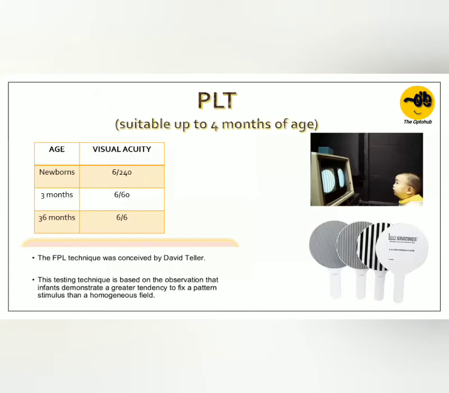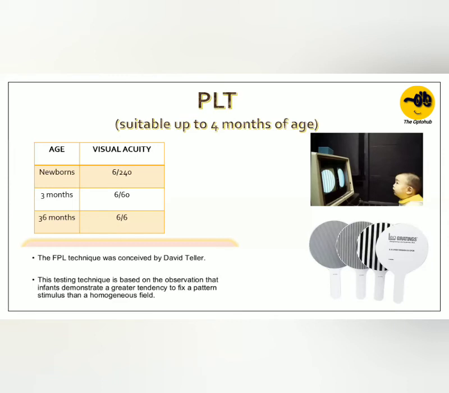Then preferential looking test. ठीक है, तो यहाँ पर इस टेस्ट में बेसिकली ऑब्जर्वेशन होती है कि इन्फेंट्स को जब they are shown these kinds of patterns and on other screen there will be a gray screen. ठीक है, तो दो adjacent stimulus field हैं, इसमें से एक स्ट्राइप है और दूसरी प्लेन है, होमोजेनस है. सो जो infant है that will tend to look at the striped one. ठीक है, so जो examiner है he or she will be behind the screen.